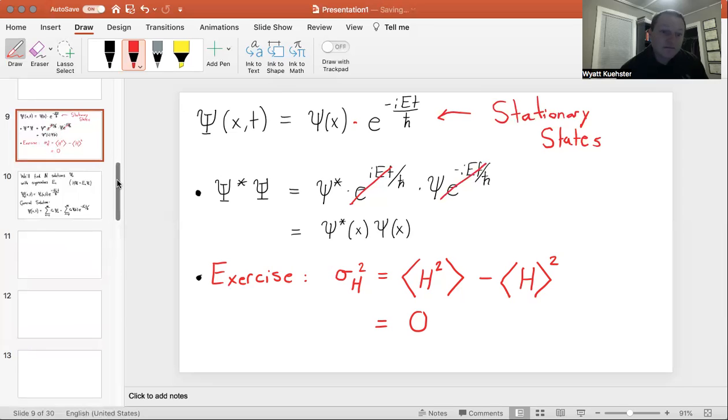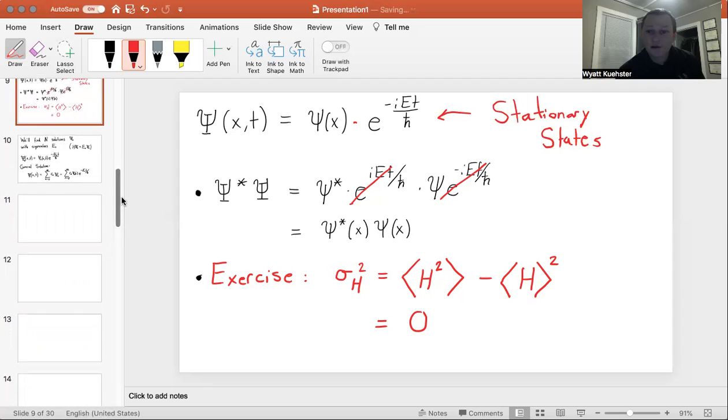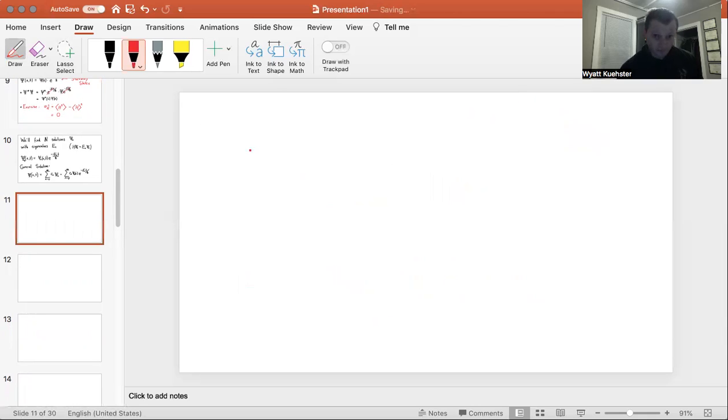And then the other reason, the second most important reason we care about stationary states, is because they're the states with definite total energy. You can see this by computing the variance of the Hamiltonian. I'll leave this as an exercise for you, but if you remember how to compute the expectation value of an operator, you sandwich it between big psi star and big psi.